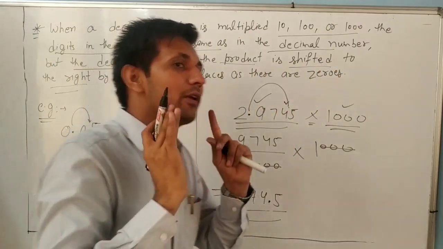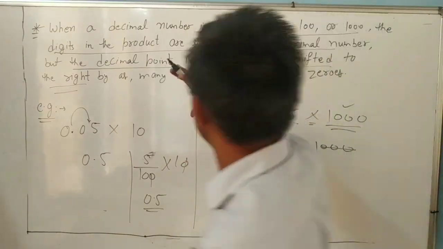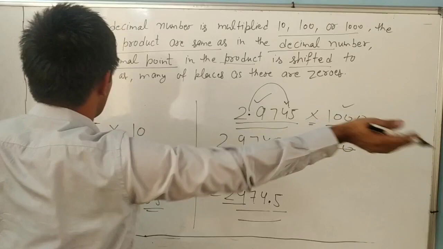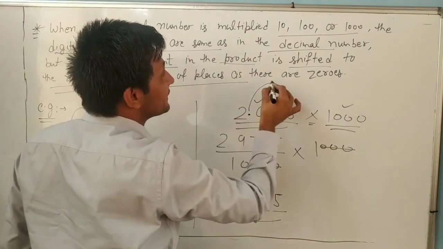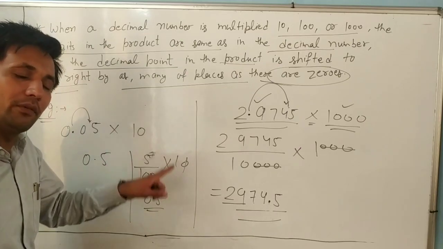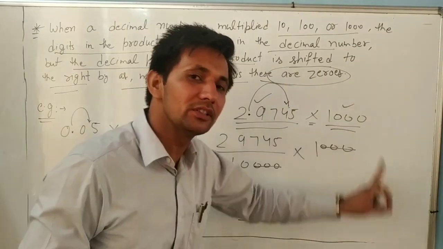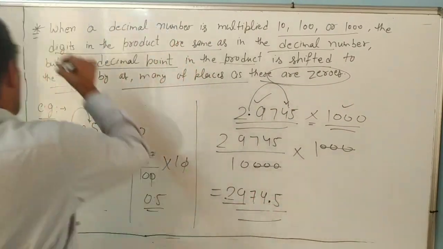Always remember, whenever a decimal number is multiplied, the decimal is shifted to the right side by as many places as there are zeros. How many zeros? 1, so the decimal is shifted 1 place. How many zeros? 3, so the decimal is shifted 3 digits. Understand? Remember it and note it down.